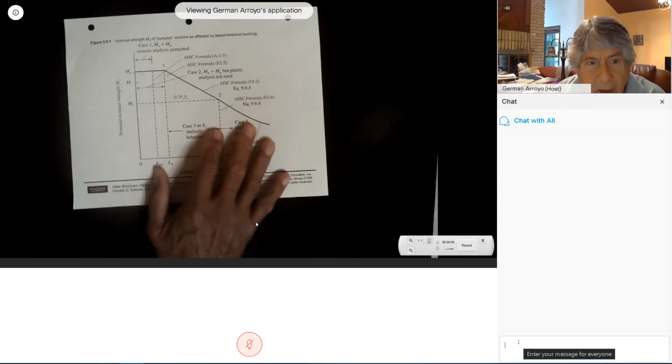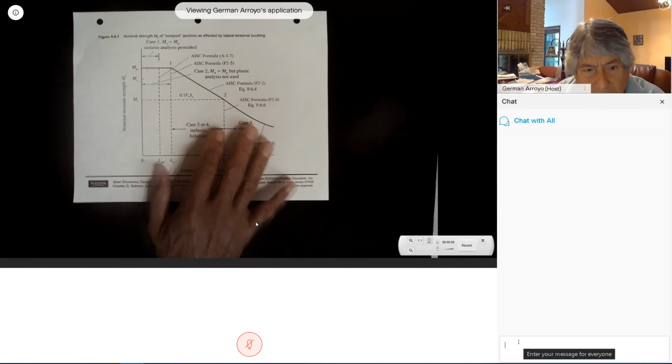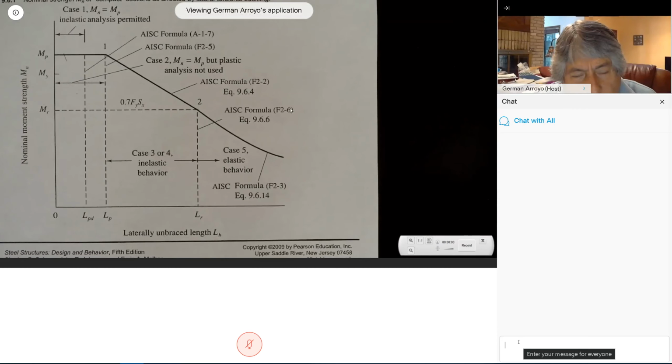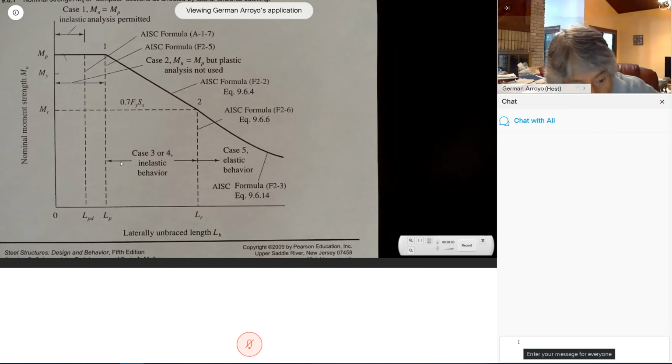I'm going to make reference to this again because for each W flange section that we have in these three equations, they have been plotted for you. So for each section that we have in chapter 3, they have already plotted this value. And you can see, if this is for a W, whatever, these three equations are plotted.